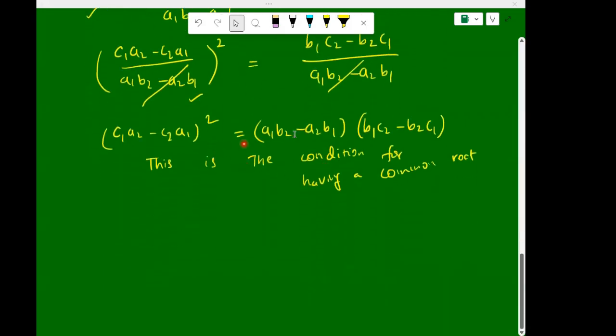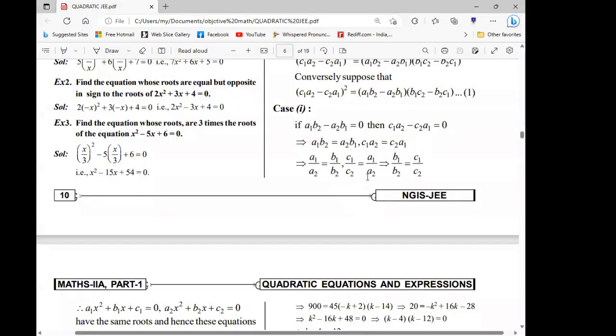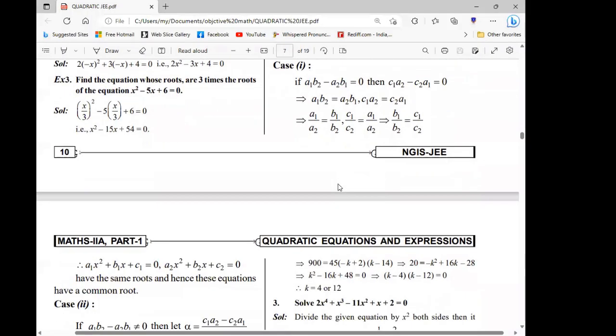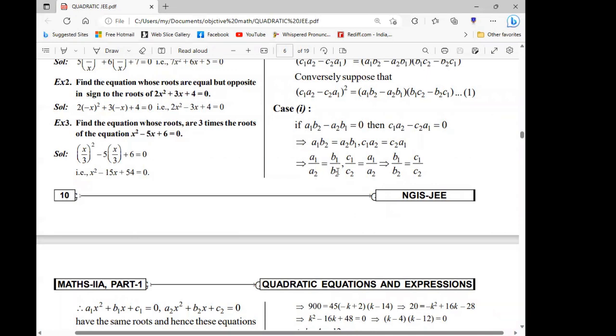And if you substitute in the common root condition, it also shows that c1a2 minus c2a1 is 0. In this case, a1 by a2 equal to b1 by b2 equal to c1 by c2.